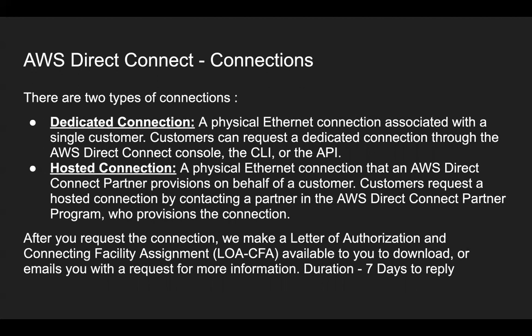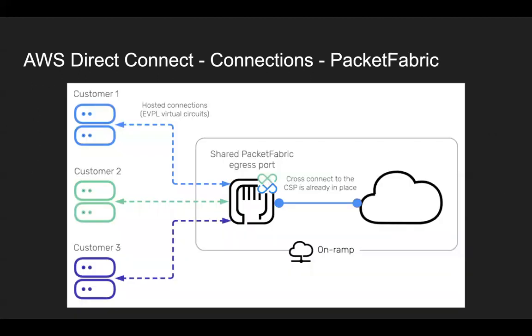They give you a letter of authorization and connecting facility assignment, which you have to download, and they will ask you for more information. And the duration for you to reply is within 7 days. So for you to set up a dedicated connection, it could take some weeks, whereas a hosted connection of sub 1 Gbps speeds is already in place between the Direct Connect partner location and the cloud service provider. So let's take a look at the examples for these two.